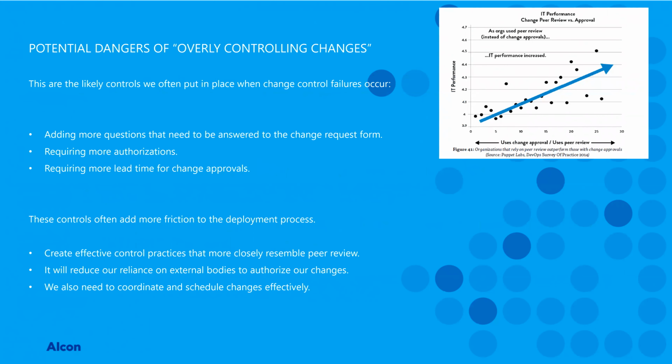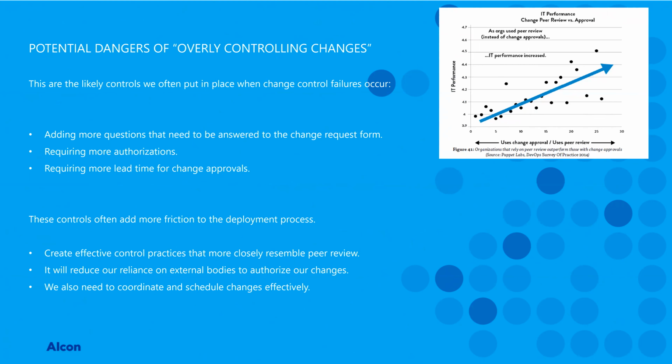Some potential dangers of overly controlling changes: having structures that require going through multiple levels of management to approve, with way too many questions, and anything that slows this process down. These controls are often put in place when change control failures occur.